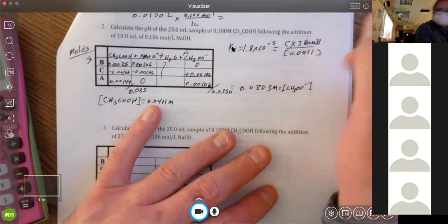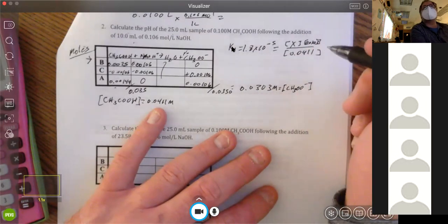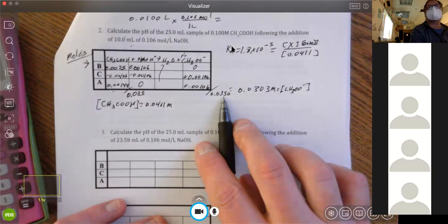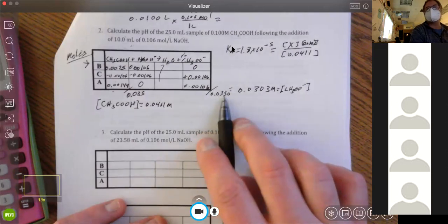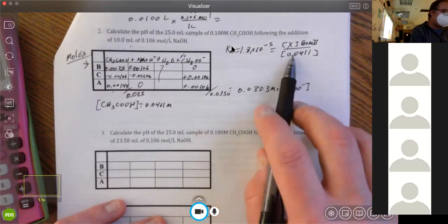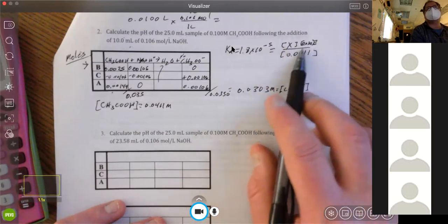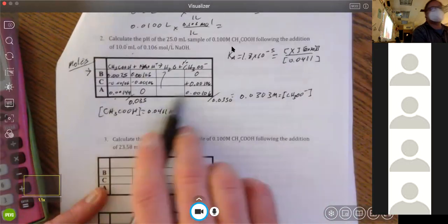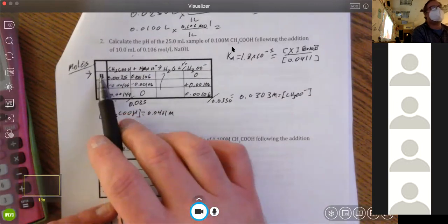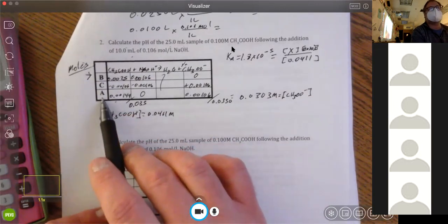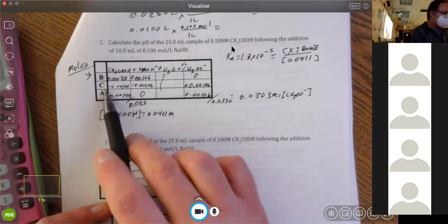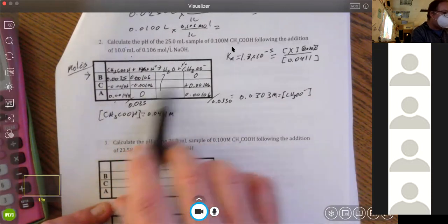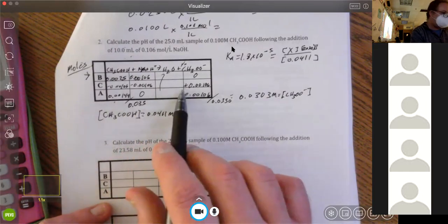Question? Sorry, I don't understand why you divided by this. Yeah. So remember in this equation, these brackets mean concentration. All of this stuff in here is moles, because this isn't an ICE table, it's a BCA table. Basically, before the change, there's a chemical reaction occurring, so we can't really use concentration for that.